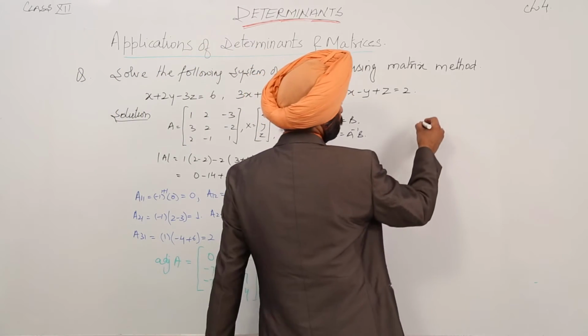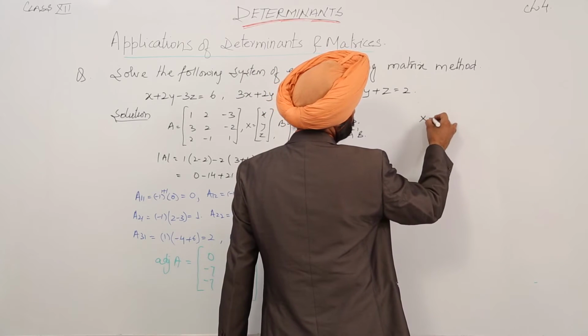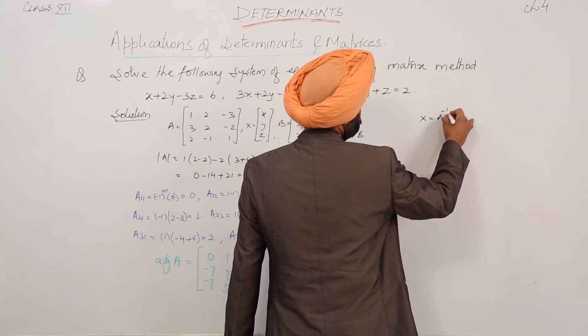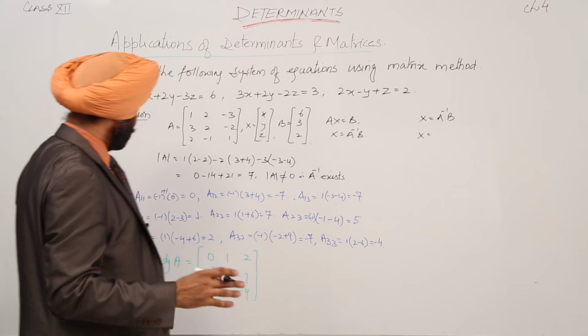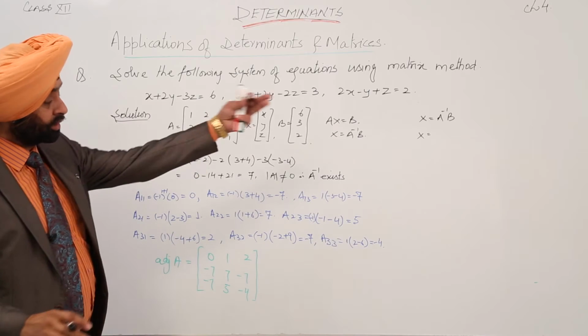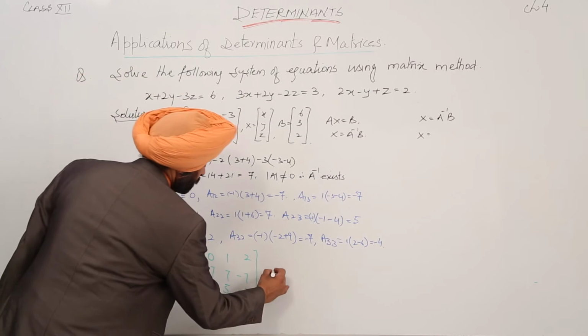Now for the inverse, X is equal to A inverse B. Now what is A inverse? Either you can write A inverse here, or you can directly put it there also. Okay, we can write it here.